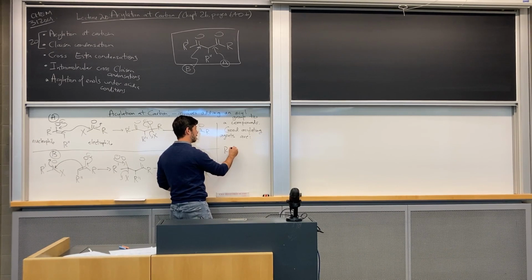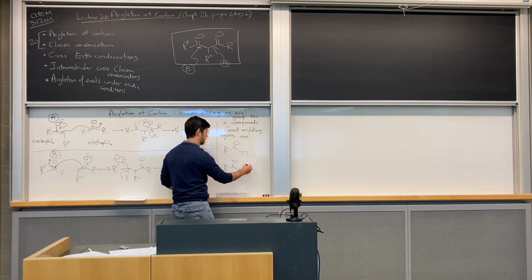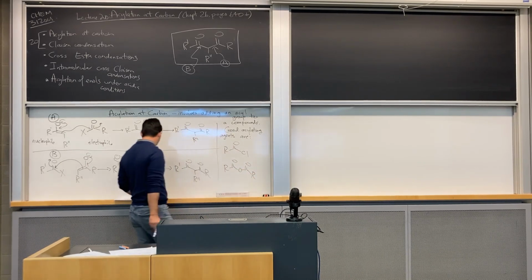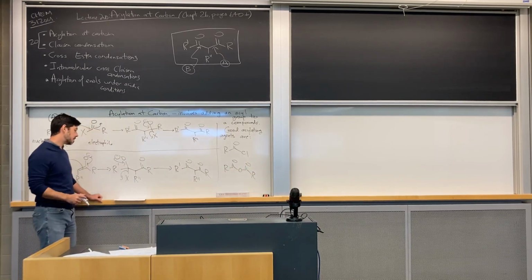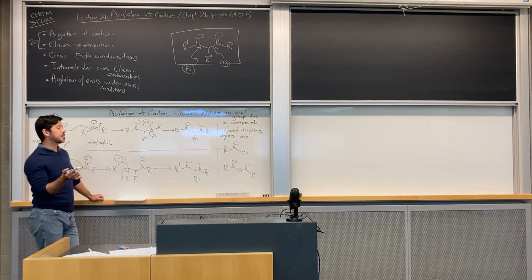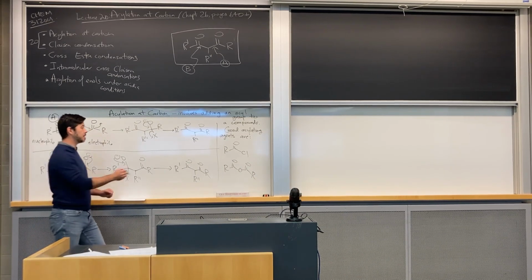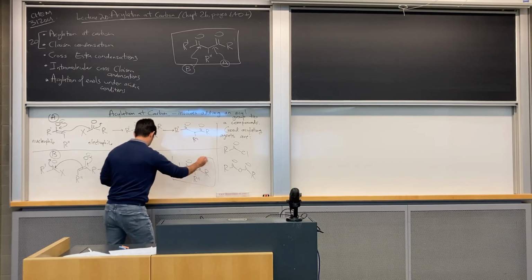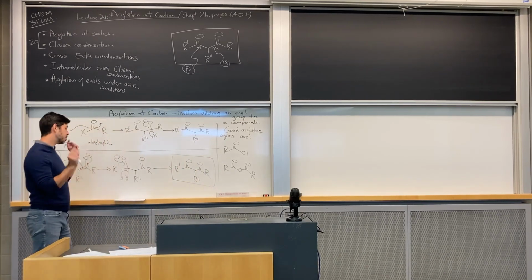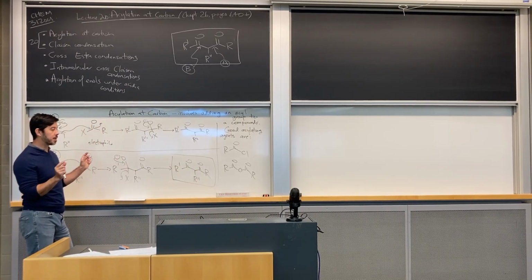So here is an example of an acyl chloride. Here is an example of an anhydride. And this acylation of carbon is a very useful way to generate these kinds of structures, which are two carbonyl groups that are separated by an alpha carbon.